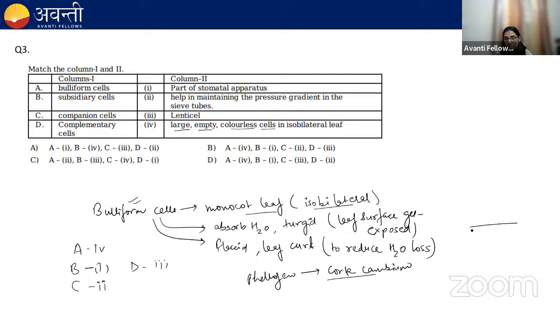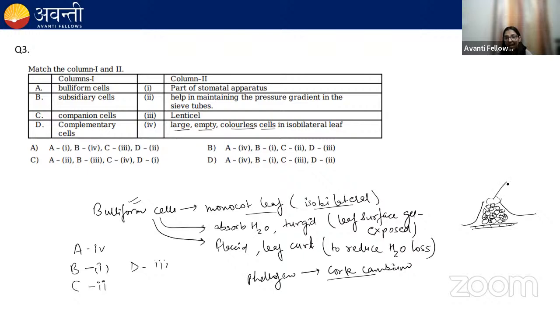Let's say this is a phellogen, it keeps on producing these parenchymatous cells at some portion instead of forming the cork, and these parenchymatous complementary cells put a pressure on the epidermis, because of which the epidermis bursts out and an opening is formed.